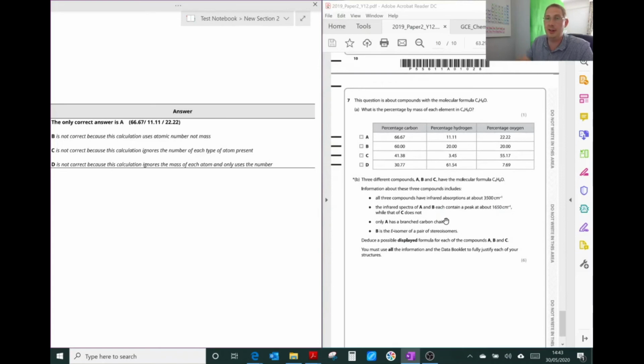This question is about compounds with the molecular formula C4H8O. What is the percentage by mass of each element in that?